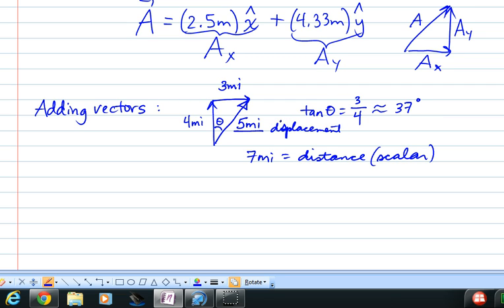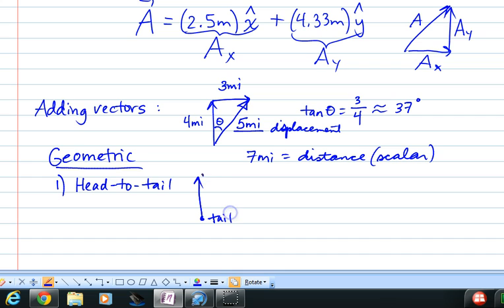Okay, so there's a special term for when we add vectors like this, and what we're actually doing is a math thing called adding vectors head to tail, and this falls under the general heading of a geometric method. So there's two of them, head to tail, and for this every vector has a tail and a head.